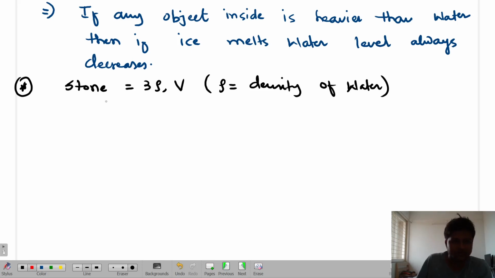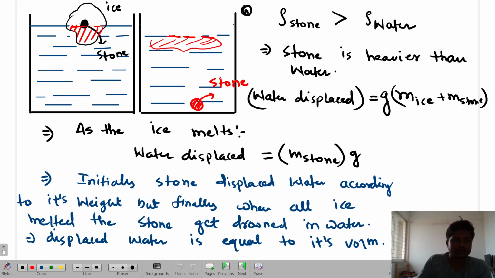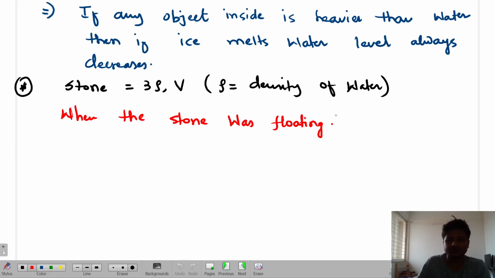Now, when the stone was floating in the ice, अरे बाबा, आइस के अंदर क्या है? अरे बाबा, so that stone was floating. I am writing stone was floating, not ice.